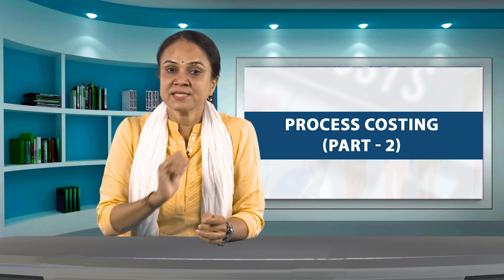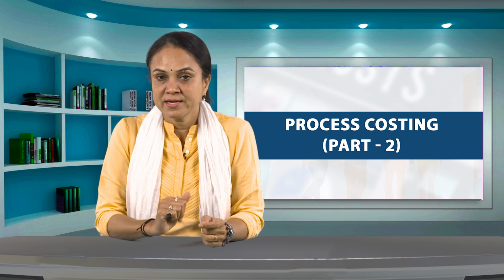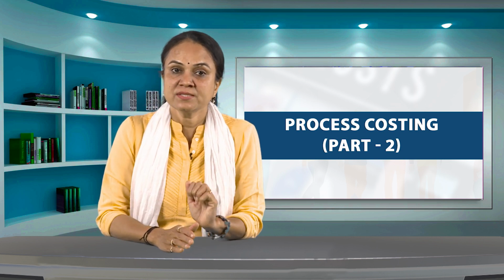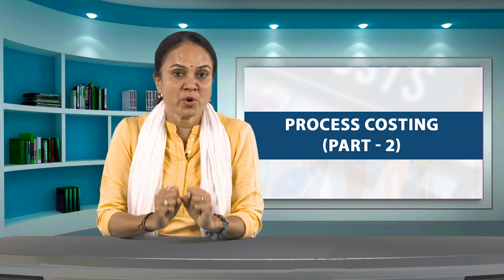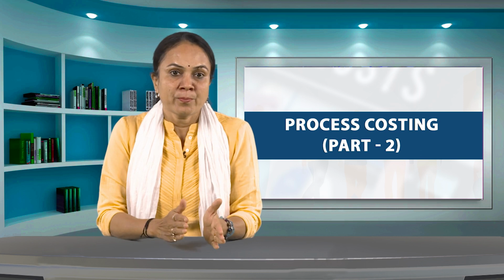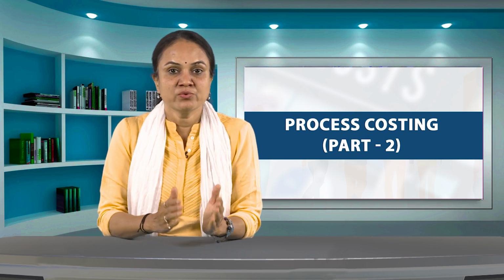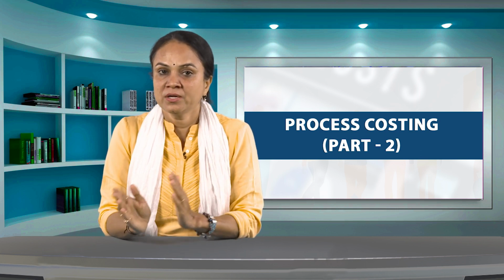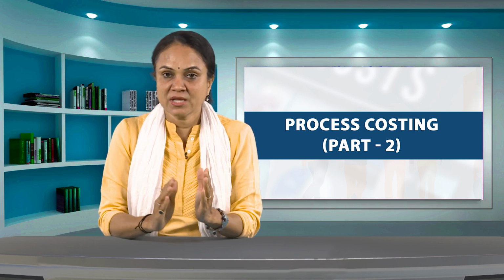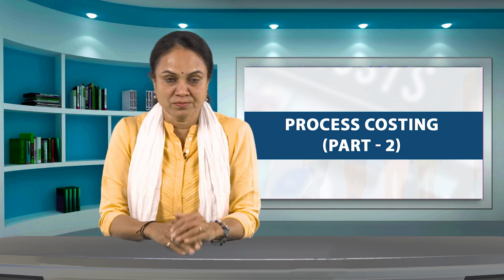From past experience, it is calculated that of the units introduced, 20% are normally spoilt in the course of manufacture. This possesses a scrap value of rupees 5 per unit. Prepare process account if the output is as follows.